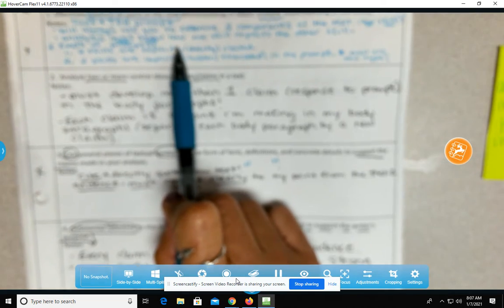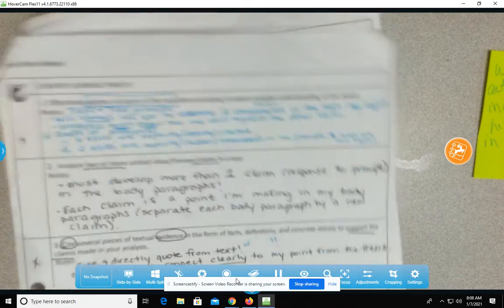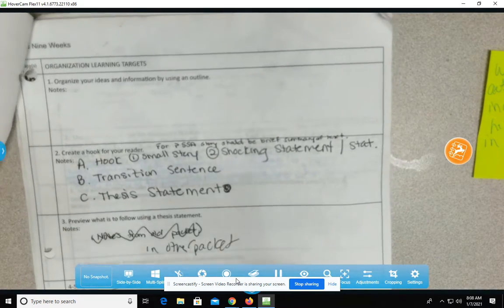The thesis statement should address the task of the prompt specifically, and it should obviously have been written after you went back and looked in the text, because it should be specific to what you have to say to address that prompt. Once that thesis is made, we create an outline.